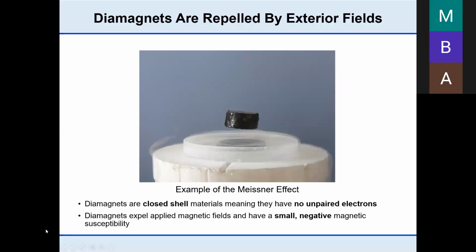To start our discussion on magnetism off, it's important to establish the differences between non-magnetic materials and magnetic ones. We usually refer to non-magnetic materials as diamagnets, meaning that they are weakly repelled by applied external magnetic fields.